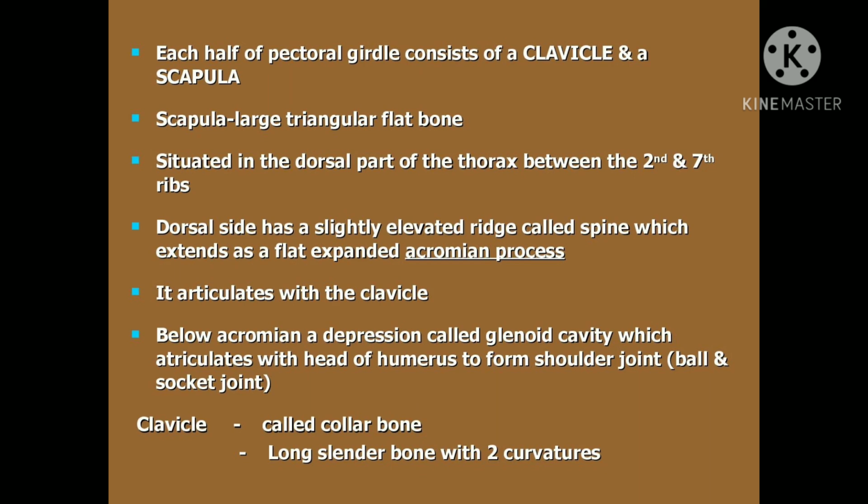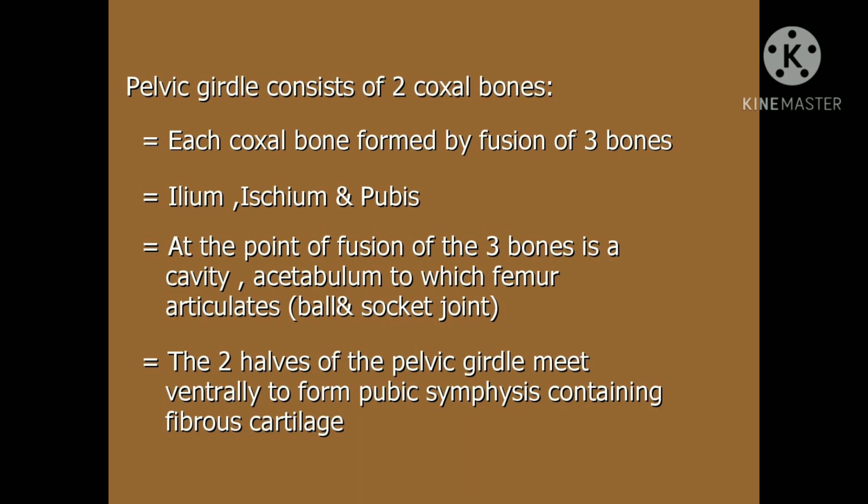The clavicle is also called the collarbone, a long slender bone with two curvatures. The pelvic girdle consists of two coxal bones. Each coxal bone is formed by the fusion of three bones, and where they meet is the ball and socket joint.